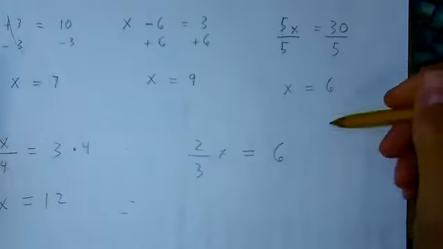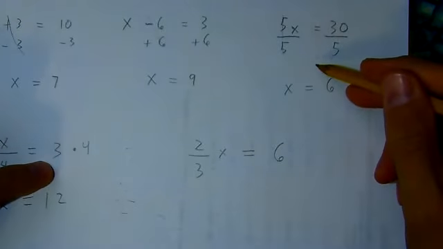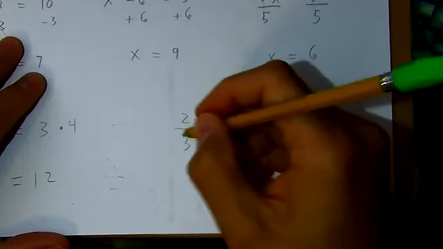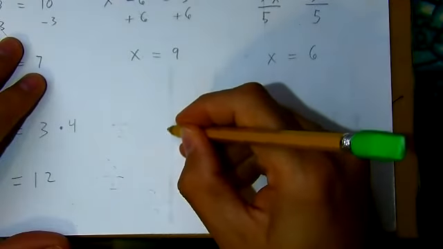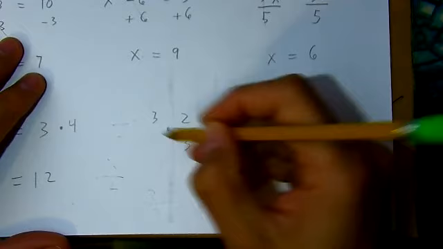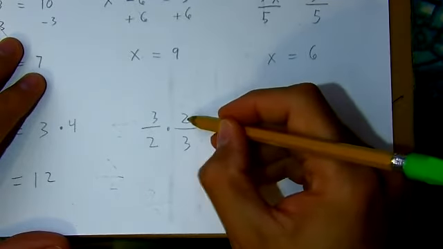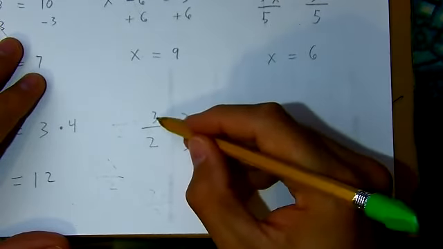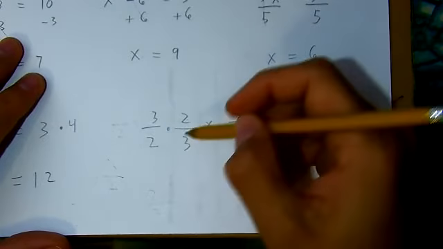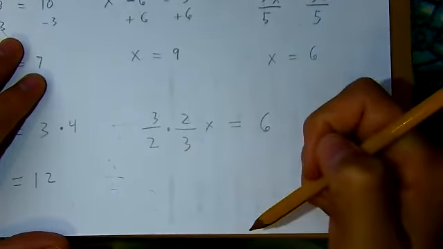So it's kind of like these two, this third one and this fourth one together. So what you do is you multiply by 3 to get rid of that 3, but you also divide by 2 to get rid of that 2. So what you're doing is you're multiplying by what's called the inverse fraction. Inverse just means flipped. So if this is 2/3, this is going to be 3/2.